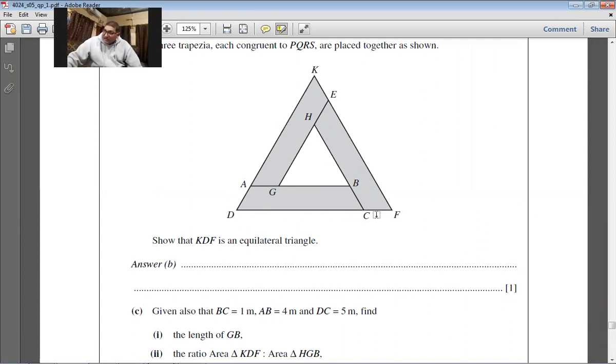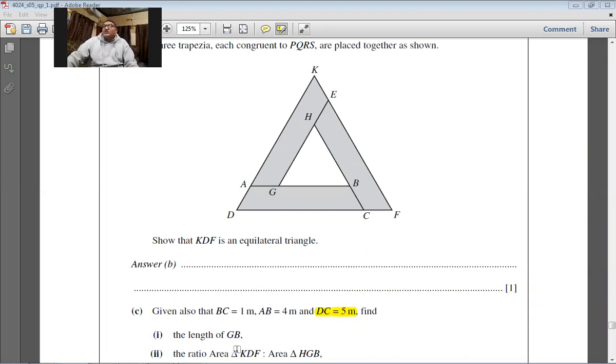DC is 5 meters, and this is 1. So it will be 5 plus 1. So DC is 5, CF is 1, so it will be 6.